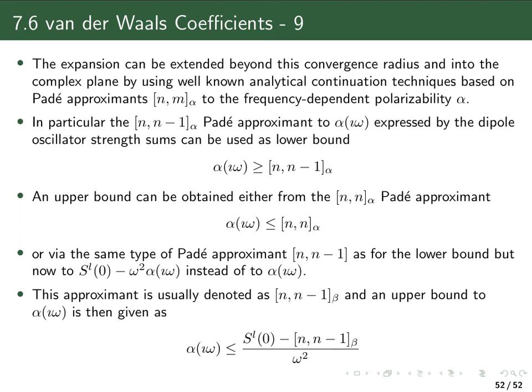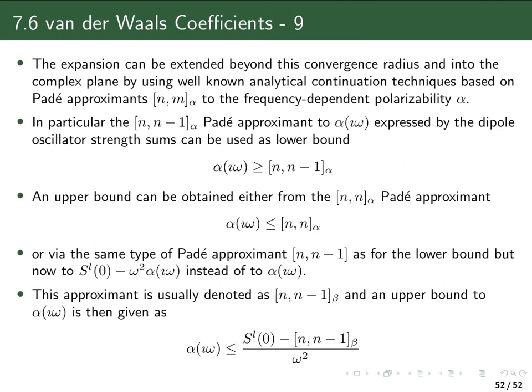Alternatively, one can use the same type of Pade approximant as for the lower bound, but now applied not to the frequency-dependent polarizability over imaginary frequencies, but to the difference between the Thomas-Reiche-Kuhn sum rule and the frequency squared times the polarizability over imaginary frequencies, which one then typically calls beta.